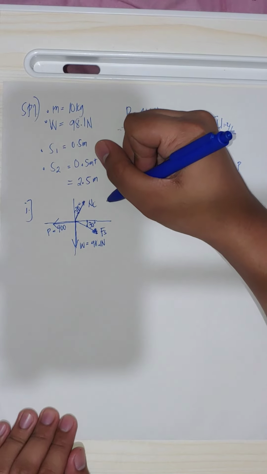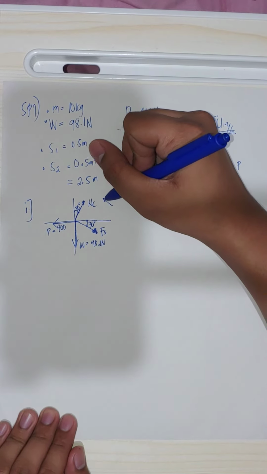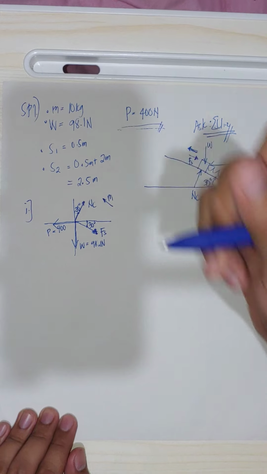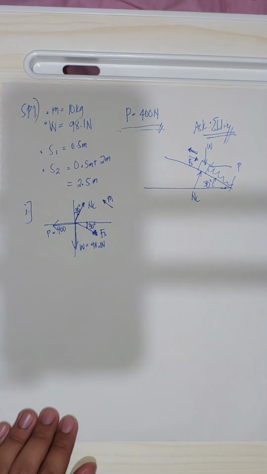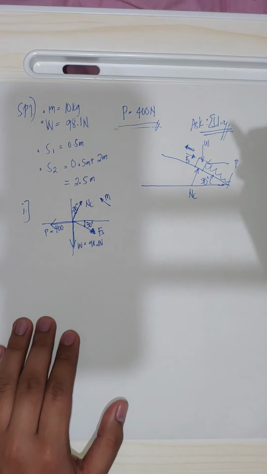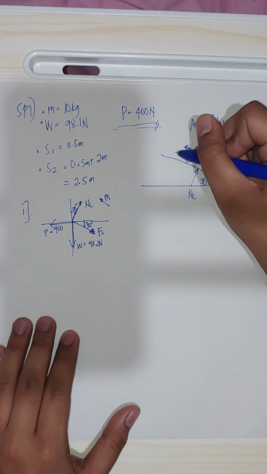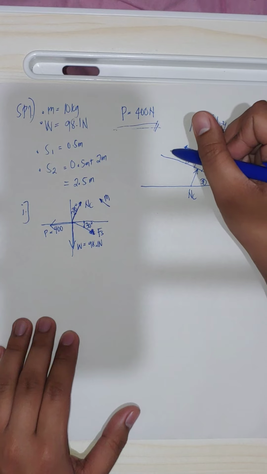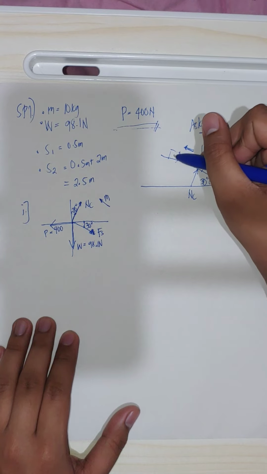Again, the motion is along the inclination. So this is the motion. Okay. So let's say this is the final position of the object.